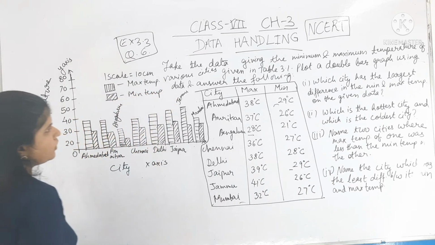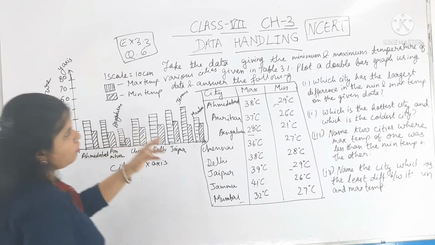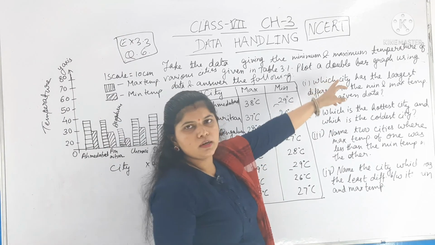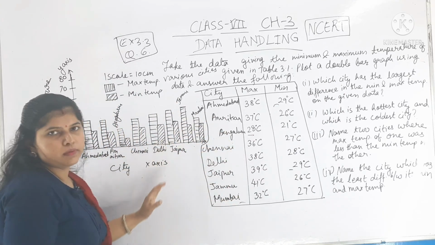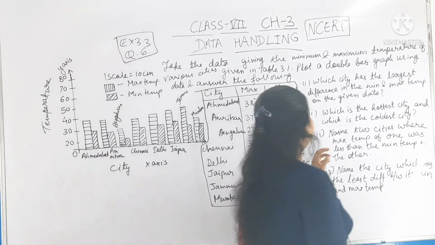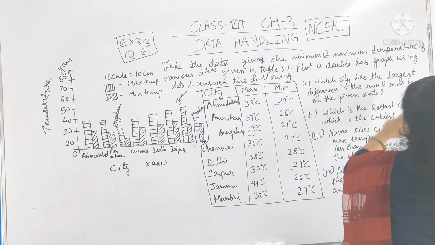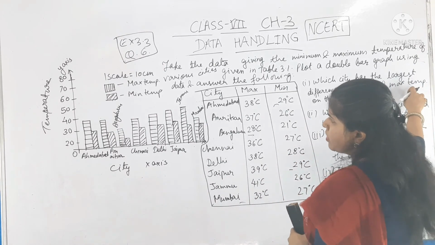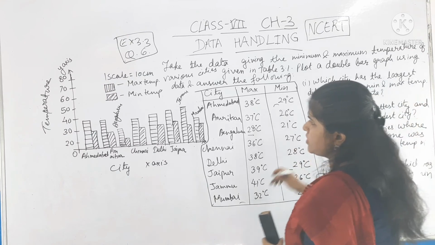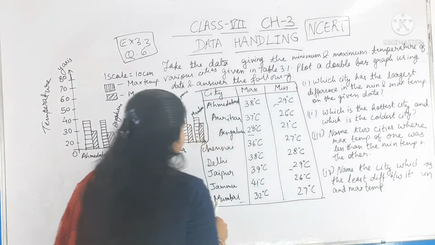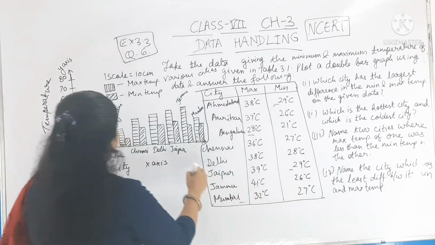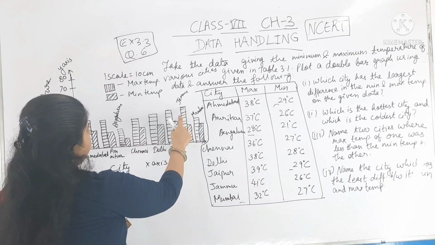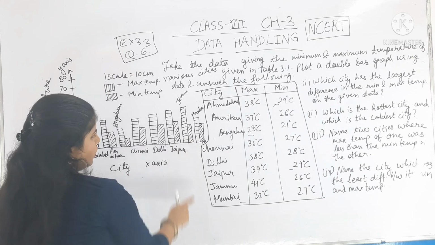So the first part, plotting a double graph using the data, we have done. Now the first question: which city has the largest difference in the minimum and maximum temperature? You can see here that Jammu has the largest difference, 41 and 26.